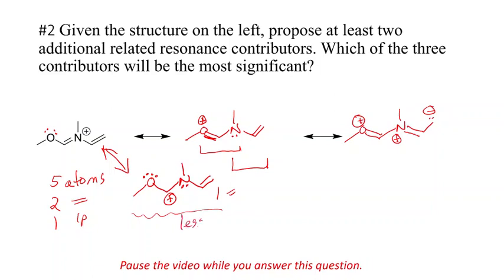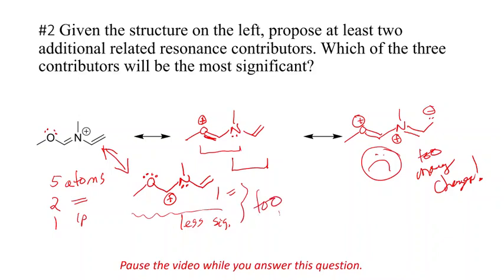This is a less significant resonance contributor. Okay, we know this is a really not significant resonance contributor over here with the 2 pluses and 1 minus, too many charges. Too few bonds.